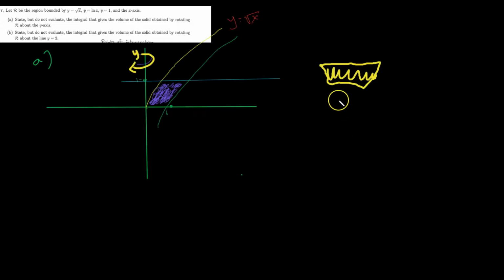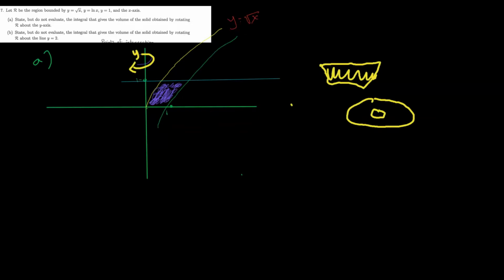If I were to take a thin section of this, I would get something that looks like this. I'm trying to draw this as best I could. Let me try better. It would be a disc, a disc like a donut.